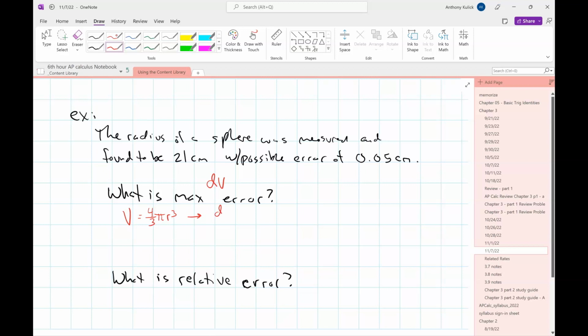So dV/dr is equal to 4/3 pi times 3r squared, or I can say that dV is equal to 4 pi r squared dr. So we have 4 times pi times 21 squared times 0.05.